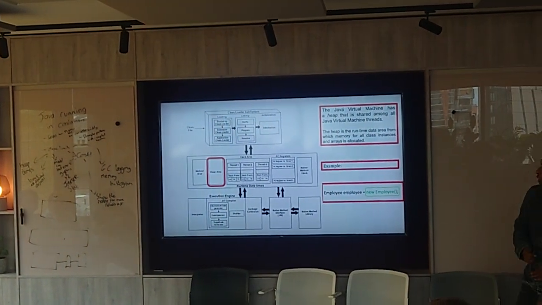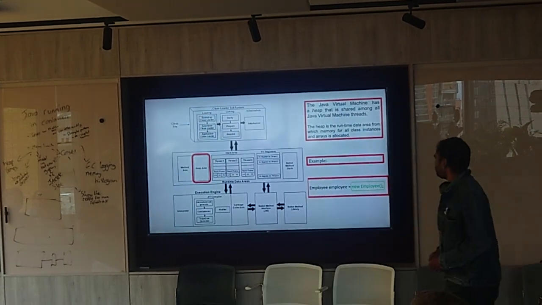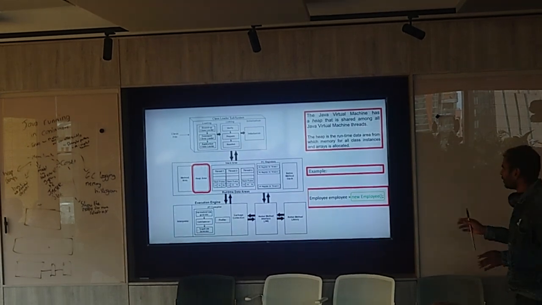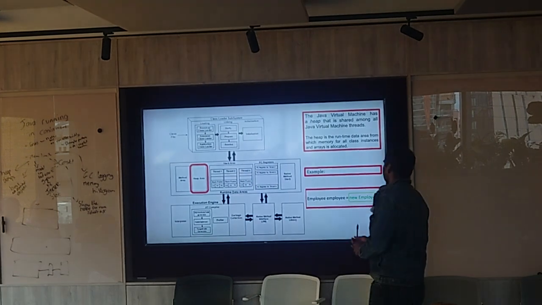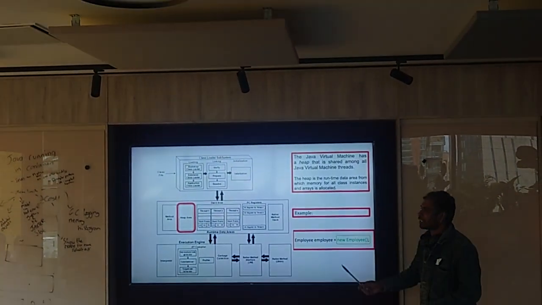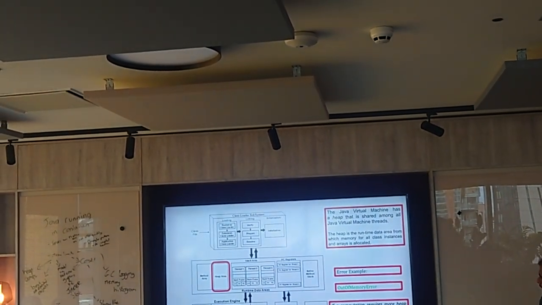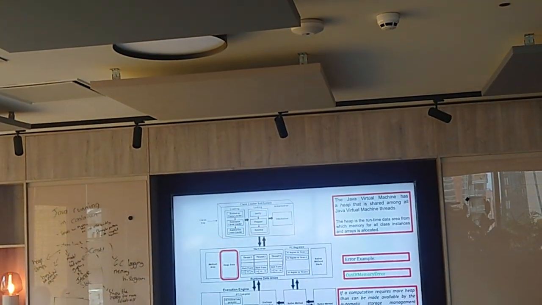When you hear new employee, that instance is in the heap. That's why most of the time we talk about the heap. This is dynamic. When we create more objects, the heap is getting filled. And as usual we get an out of memory error if we don't have enough heap memory.